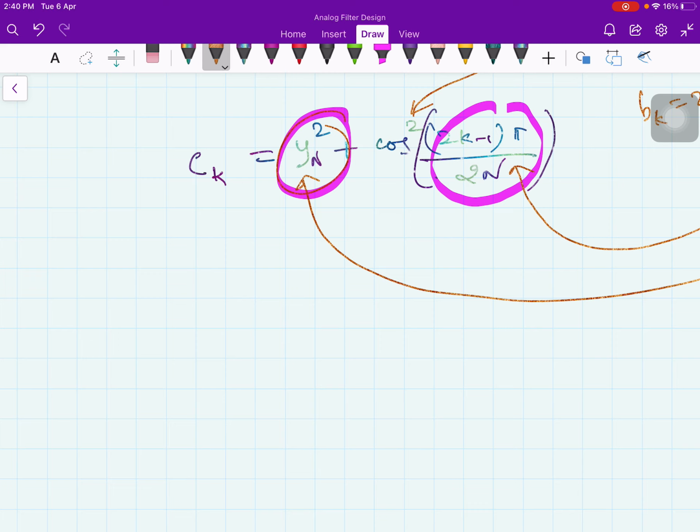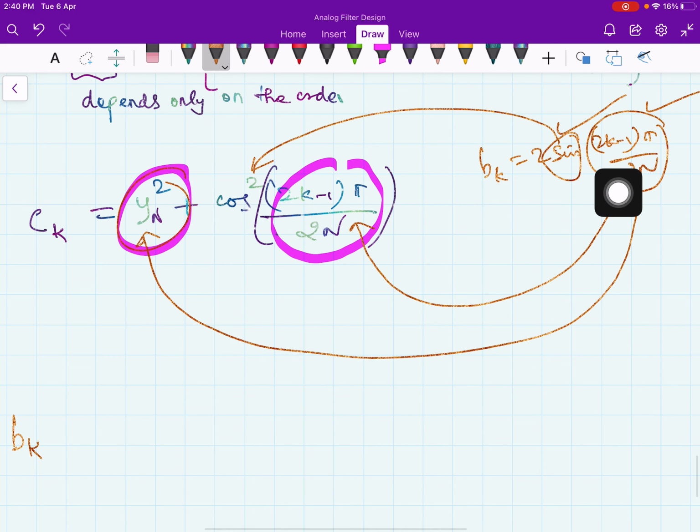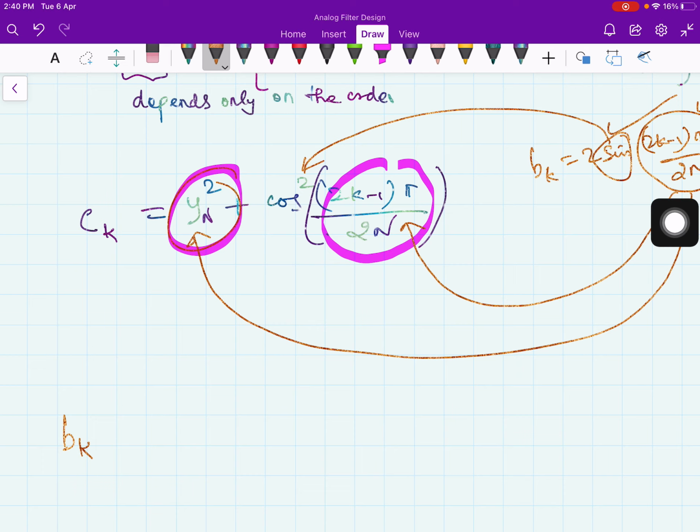And the next one is b_k. In the previous case, b_k is 2 times sine of this angle, but in the Chebyshev case, b_k is simply multiplied by y_N.